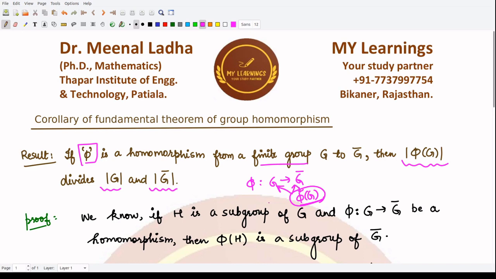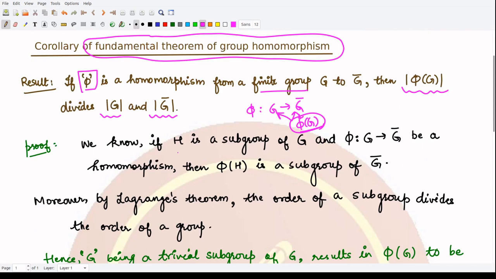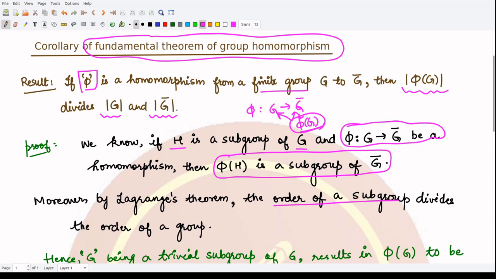This is the result. Now how can we make use of the fundamental theorem of group homomorphism? Let's proceed with the proof. First of all, we know that if H is a subgroup of G where phi is a homomorphism, then phi of H is a subgroup of G bar. This is a result that we have already studied. Moreover, by Lagrange's theorem, the order of a subgroup divides the order of the group.